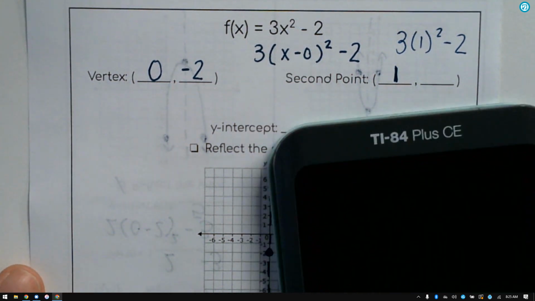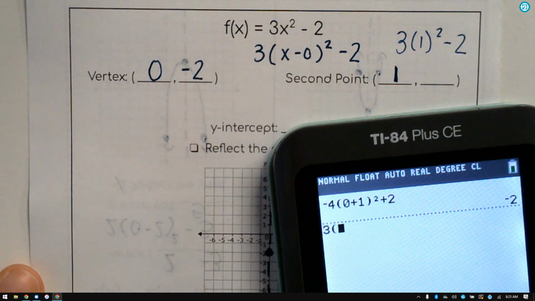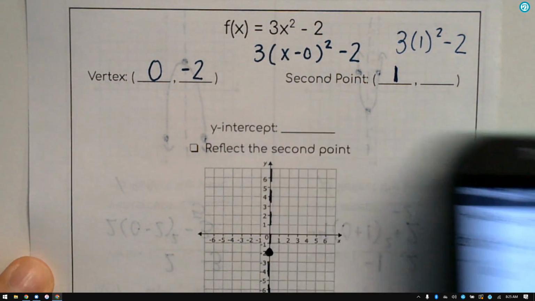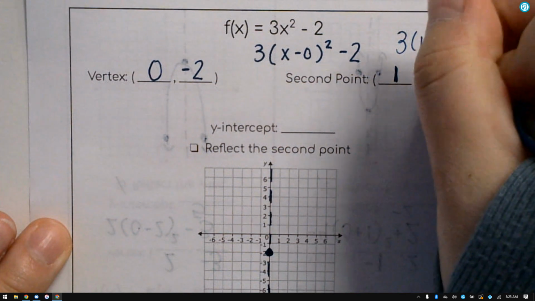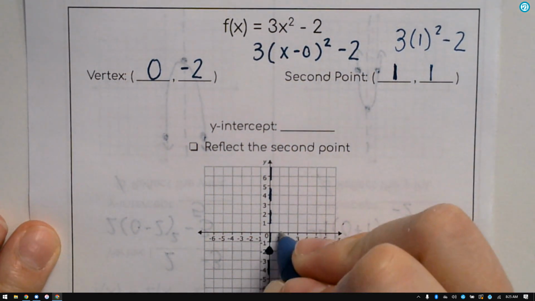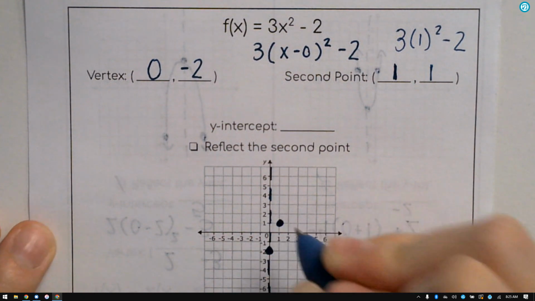And I can do that in a calculator if I want. 3 times 1 squared minus 2. And I get a y value of 1 as well. So that means I have a point at 1, 1. So I come over here to 1, 1 and graph a point there.